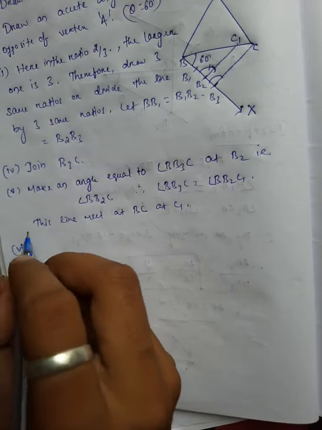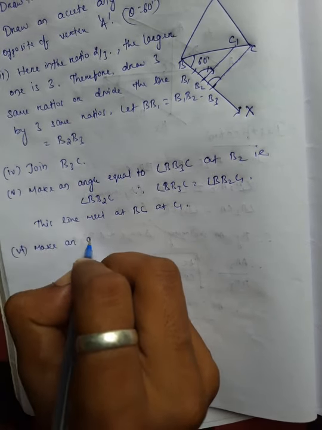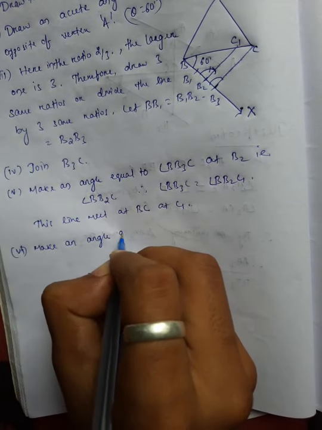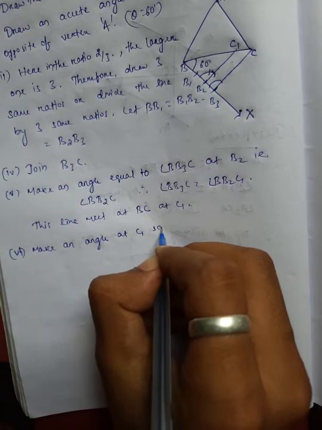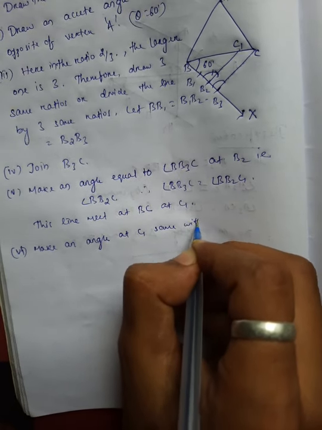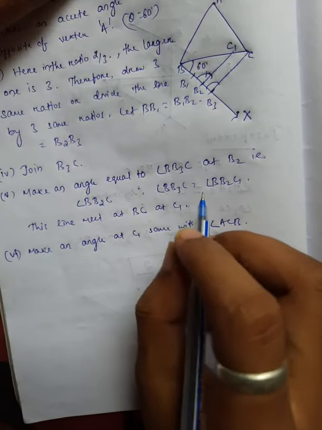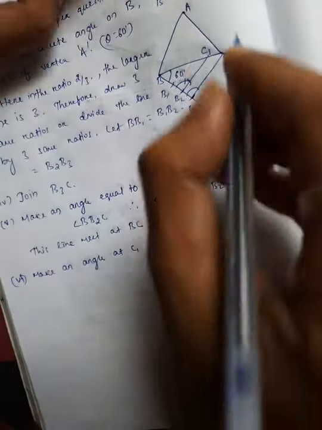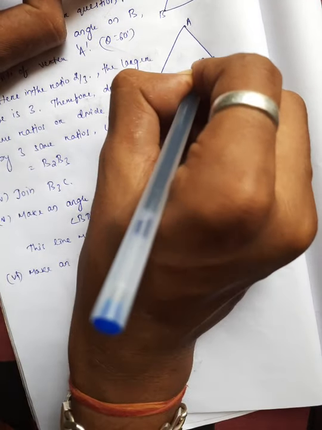Now sixth step, make an angle at C1 the same as angle ACB. We have to make an angle at C1 that is equal to angle ACB. Here same process.